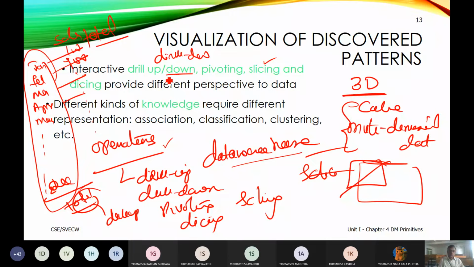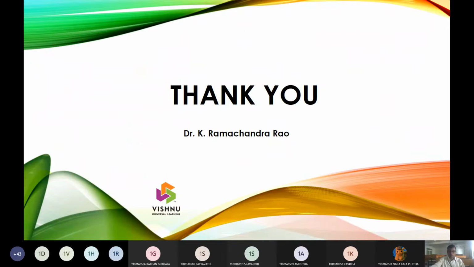We call that a drill down. Now if I put all of it consolidated, assume it is 1200 at a stretch, then we call that a drill up. In this way, we represent the patterns.